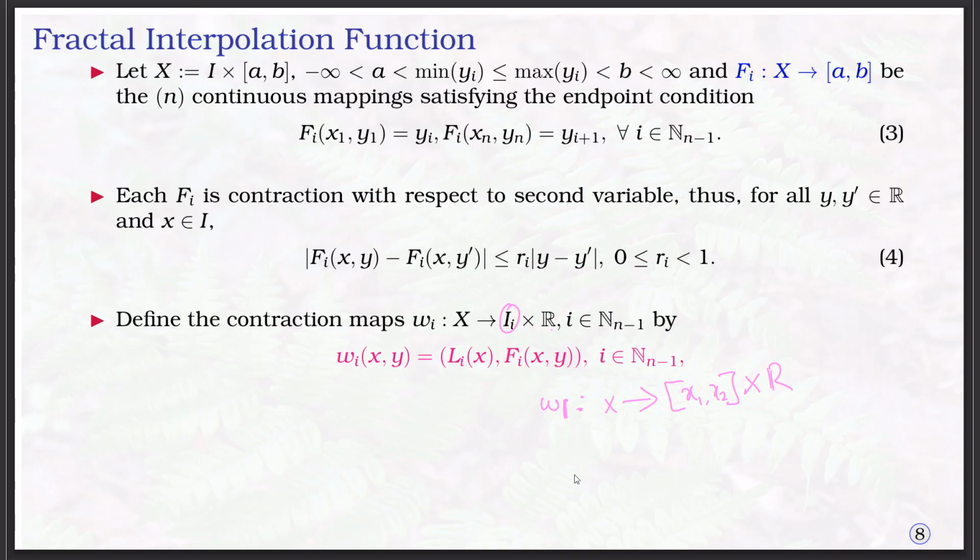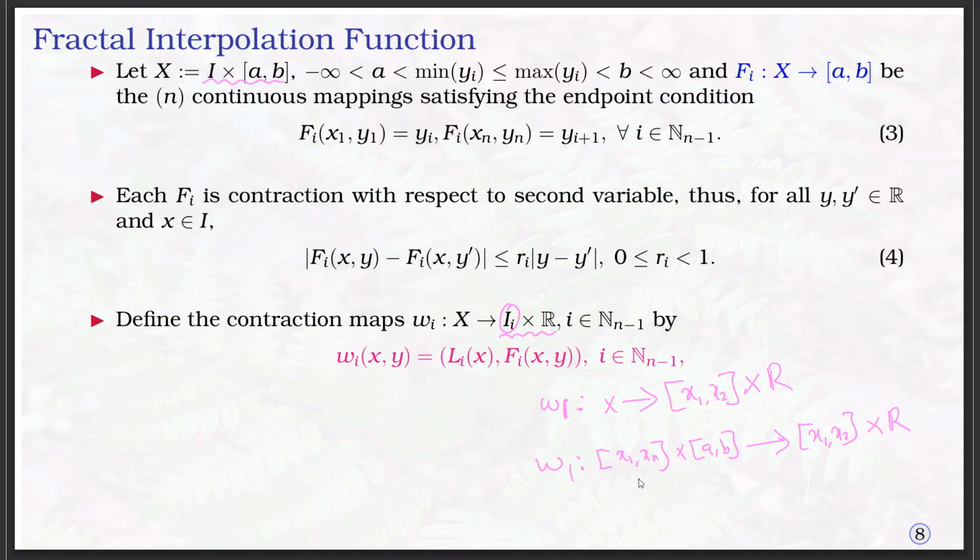So this W1 acts on the first subinterval. What is X? We know X is I cross [a, b], that is, x1 to xn cross the closed interval [a, b], and the codomain, the image, is x1 to x2 cross R. This is W1 in particular.